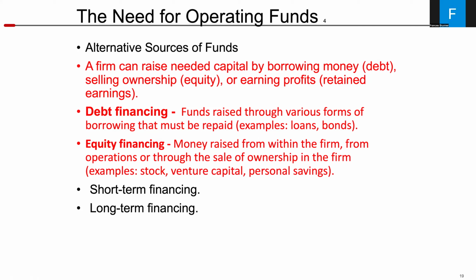You can produce additional capital through debt financing. This means loans or bonds, or you can use equity financing, which is money raised from within the firm, using ownership of the firm as collateral.